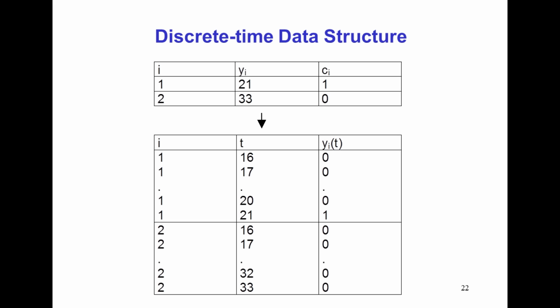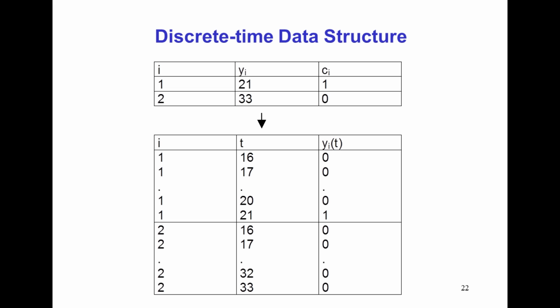And then we have this binary indicator which tells us whether or not they had the event during that interval. So this person, we know they didn't have the event until age 21, so we know they didn't have it when they were 16, nor did they have it at 17, and so on. So they didn't have it until age 21. So you have a string of zeros followed by a 1.